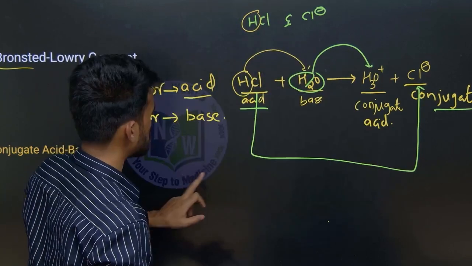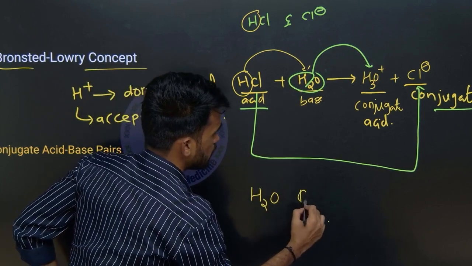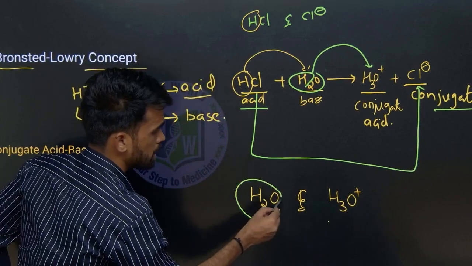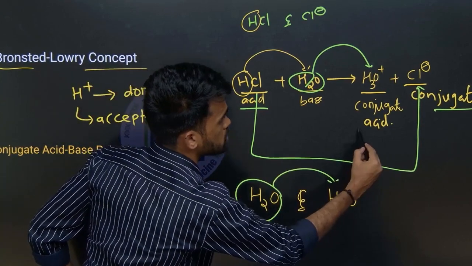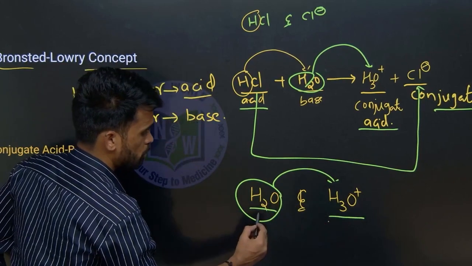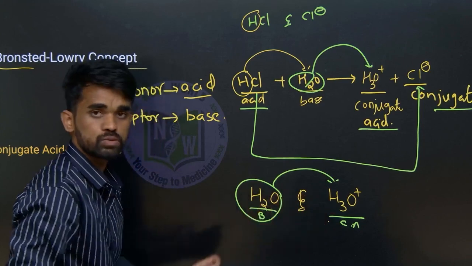Look here also: we have H2O and here we have H3O plus, right? Now if this is a base, the cationic form will be called the conjugate acid. I am writing the base as B and the conjugate acid as CA. How do these two species differ?